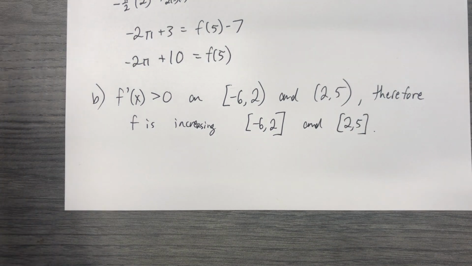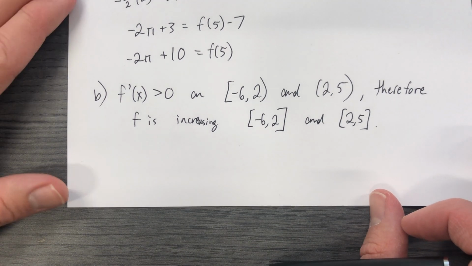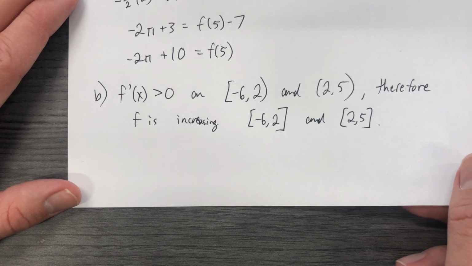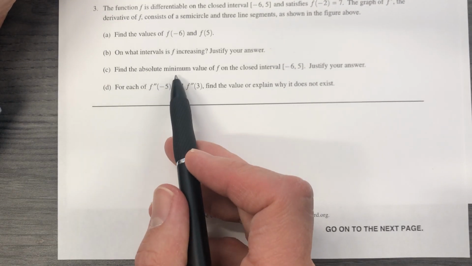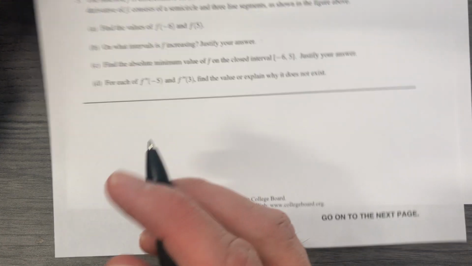All right, let's move on to part C, where I will use a separate piece of paper. And it says find the absolute minimum value of f on the closed interval from negative 6 to 5, and then justify your answer. Okay, let me read that again and point out what I'm looking at. Minimum value, that is an extreme value situation. So I'm going to be dealing with the extreme value theorem.